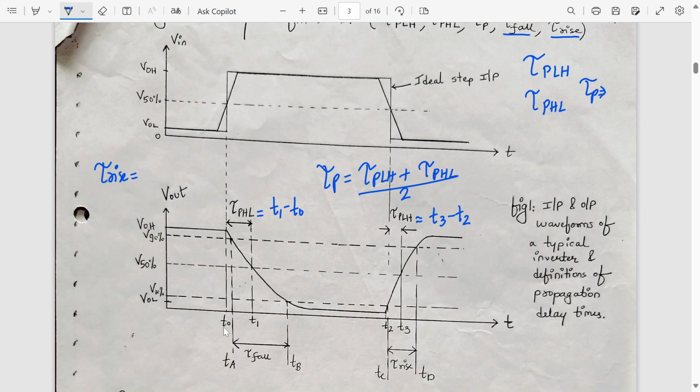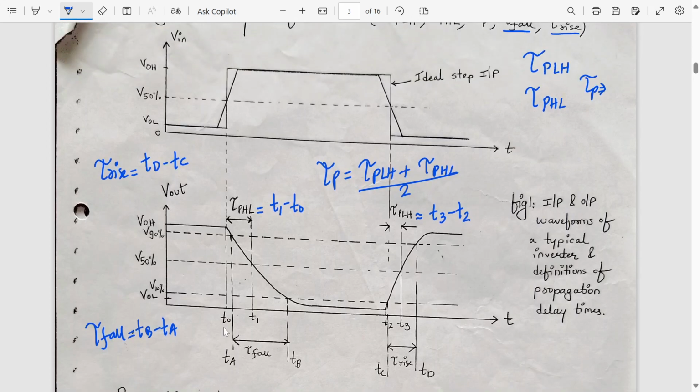So how much is the rise time? TD minus TC, correct? And fall time will be how much time it takes for the output to fall from 90% to 10% of its value. So tau fall will be TB minus TA. Okay? Understanding this, everyone, students?